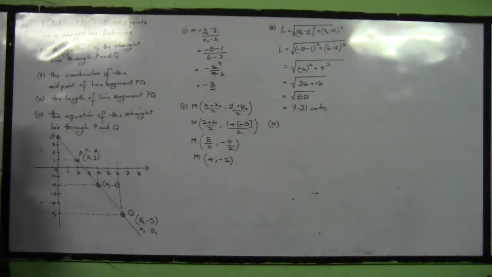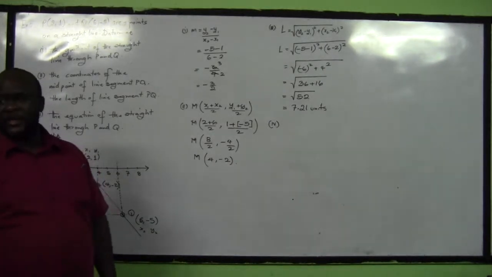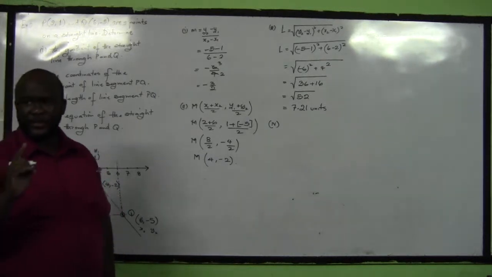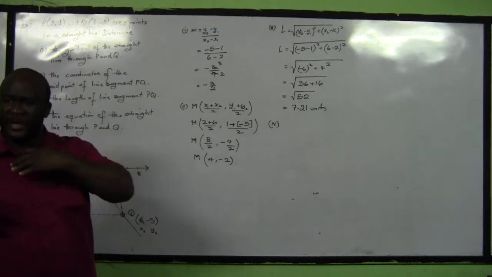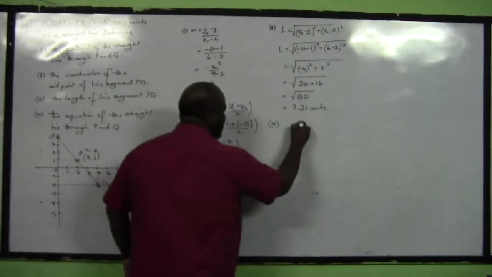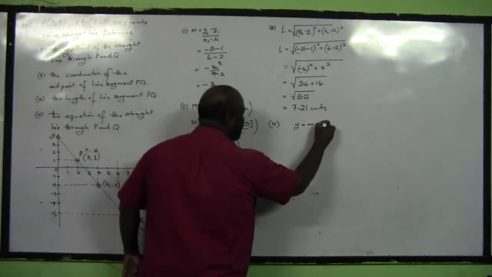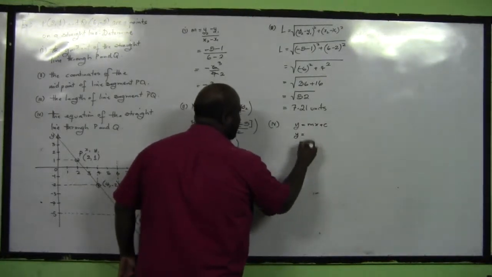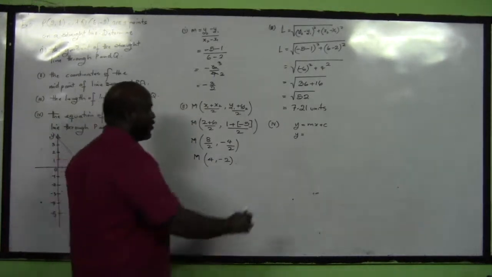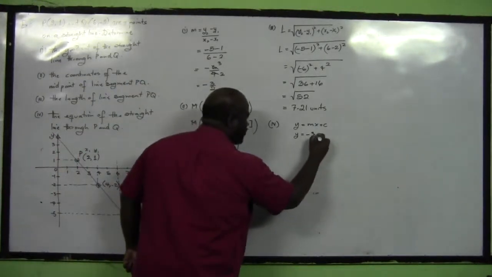The fourth thing, the equation of a straight line. Please note, guys, in order for you to know the equation of a straight line, you need two things. You need the gradient of the line and you need the y-intercept. This is what it appears to be. I could be wrong. Let us see if calculation will agree. Y is equal to mx plus c. What is m? Minus 3 over 2.